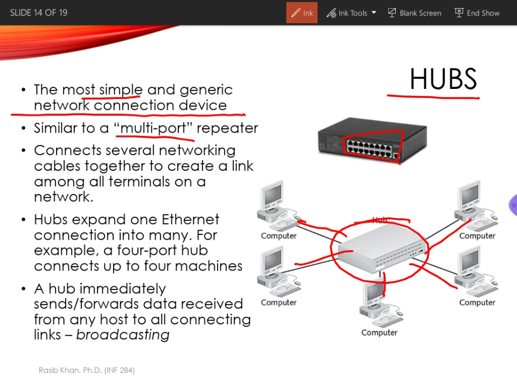And what it does is basically, whenever a computer sends data to the hub, it immediately broadcasts it out to all the other computers which are connected. So in a way, it just expands one connection into many.